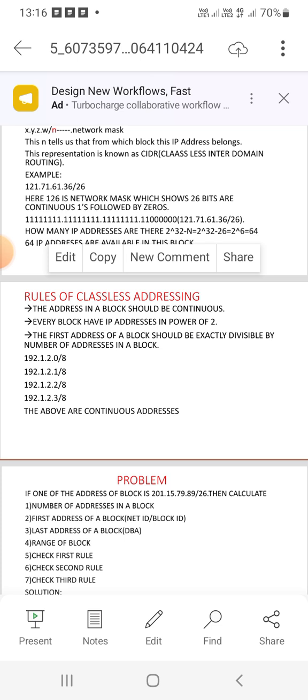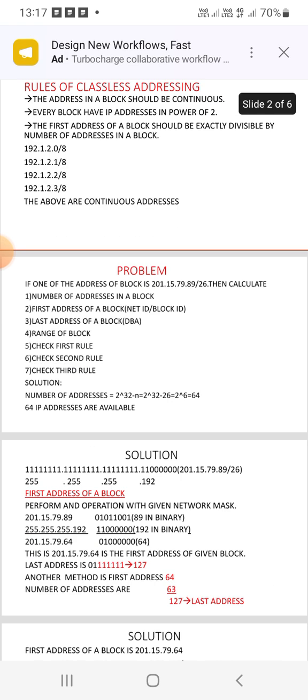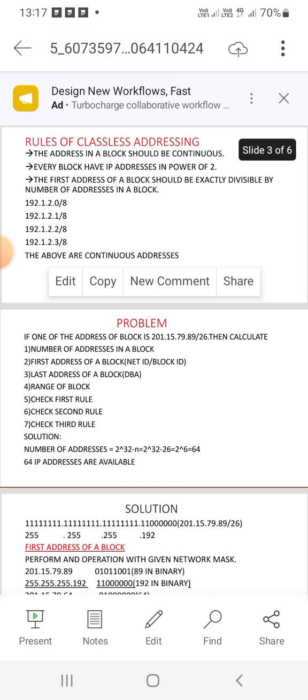Example of continuous addresses: 190.1.2.1, 190.1.2.2, 190.1.2.3. Problem: one of the addresses of a block is 201.15.79.89/26.